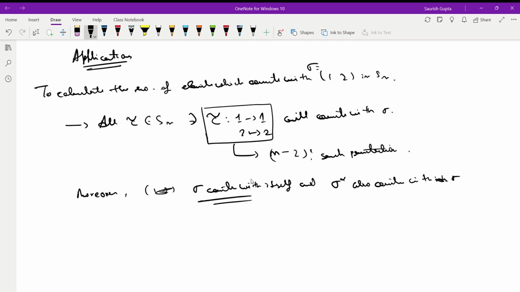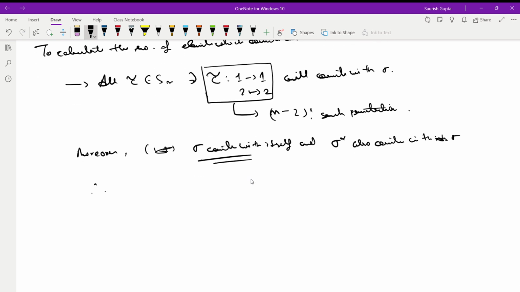So identity and sigma are what we are talking about. Therefore, the elements which we have found so far to commute with sigma are the elements of the form 1 2 to the power i times tau, where tau fixes 1 and 2, and i is 0 or 1. So how many elements do I get? I get 2 elements from this power, and then I get elements from tau. So I have exactly 2 times n minus 2 factorial elements.